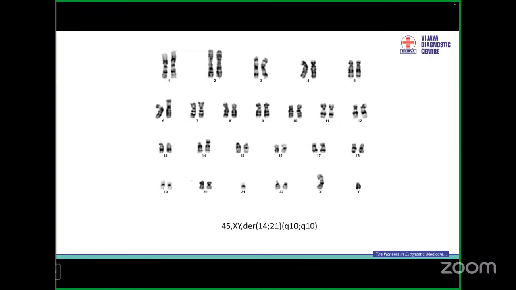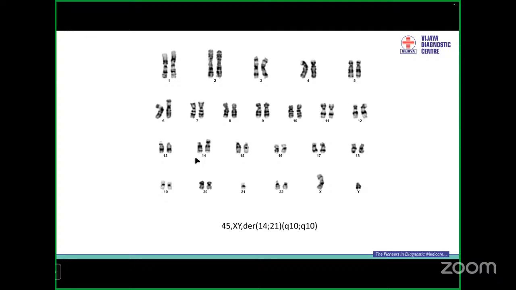So here is a karyotype of an individual. This is a normal male with a Robertsonian translocation. If you see the karyotype nomenclature, it says only 45. It should technically be 46. But this individual, despite having 45 chromosomes, is normal because the other 21 is sitting on chromosome 14.